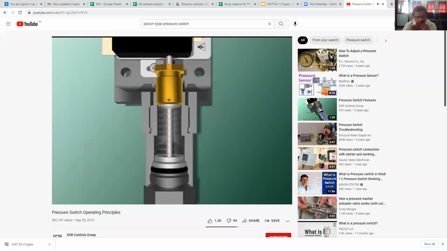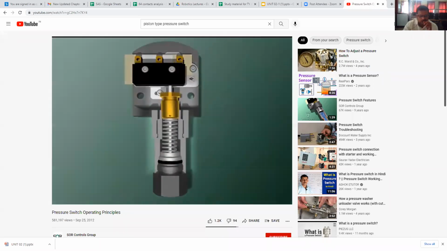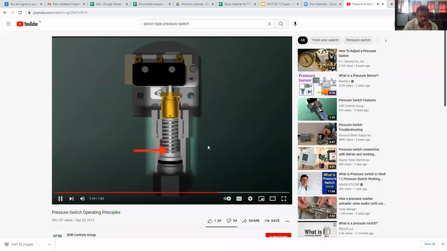SOR solved those problems in 1956 by using a non-moving or static O-ring and a diaphragm between the process and the piston head. The static O-ring and diaphragm keep the switch dry. The O-ring remains static at all times. It doesn't suffer the wear of moving parts. Let's review. Pressure moves the piston, which pushes against the diaphragm. A calibrated spring and area of piston determines how much pressure it takes to move the diaphragm.